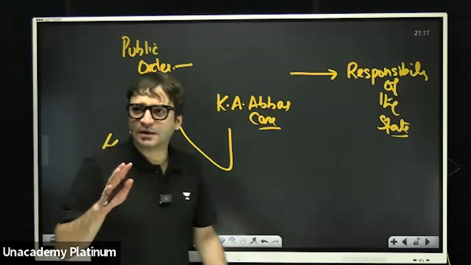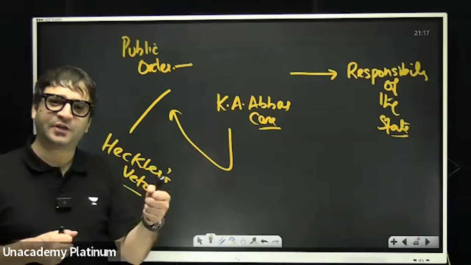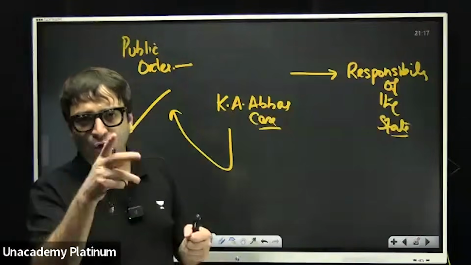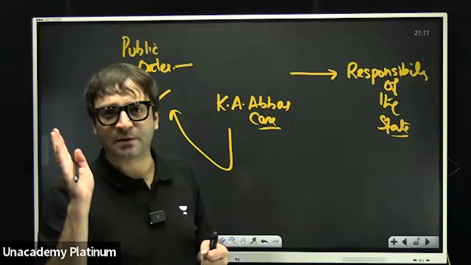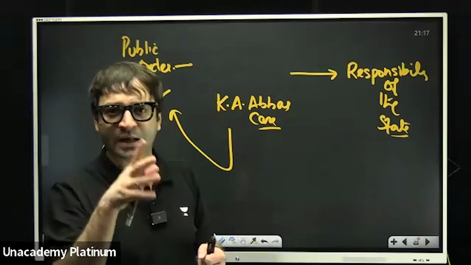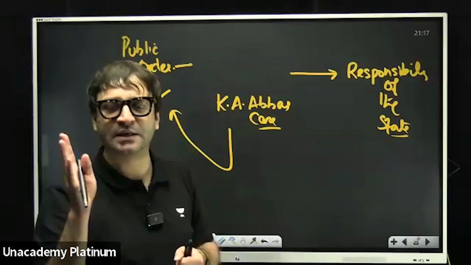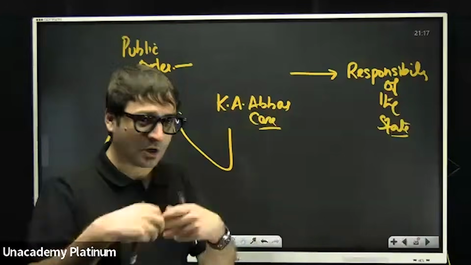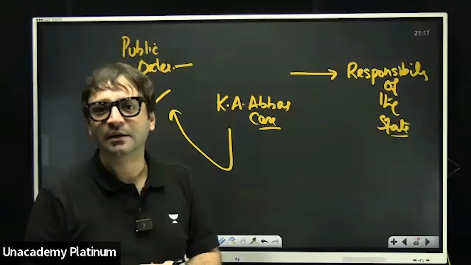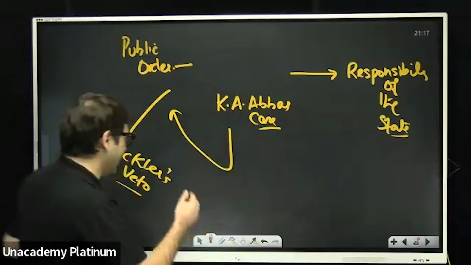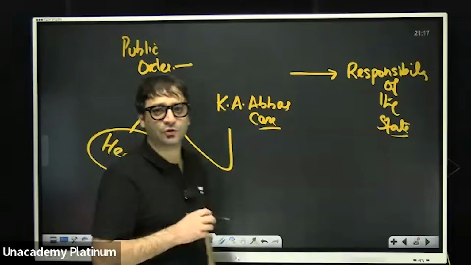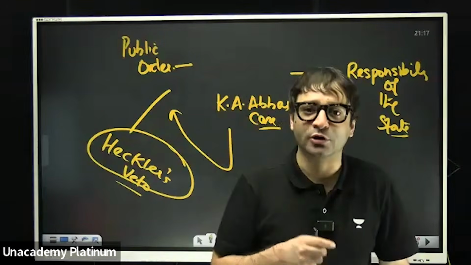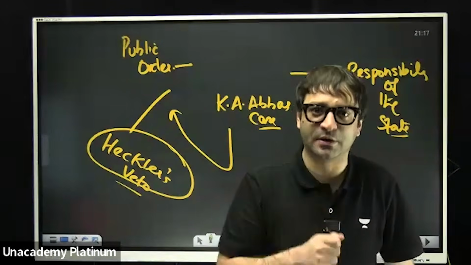All I have to do is arrange a band of 10-50 people, start throwing stones at a public place, at a mall, at a restaurant, or at a movie theater, and then stop the release of this movie, stop the release of this book, stop the release of this painting. Which means then hecklers in India will get a veto, and the state is unable to restore public order, maintain public order.